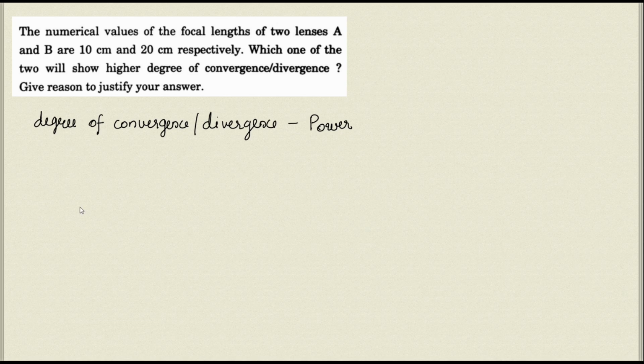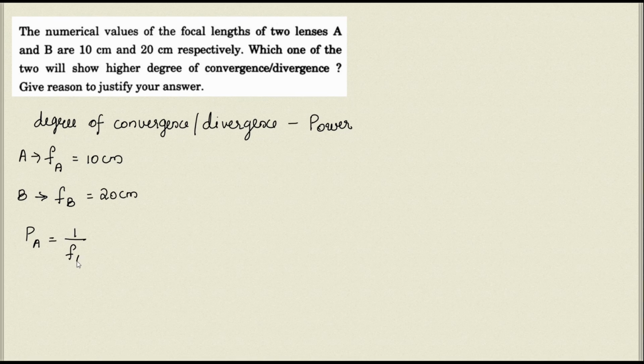Okay, yes. So the focal length of lens A is given as FA, we can consider that is 10 centimeter. Now, lens B has a focal length FB of 20 centimeter. Either you can convert the centimeter to meter now itself, or in the equation you can do it, no problem. So, the power of A, how can we find it?